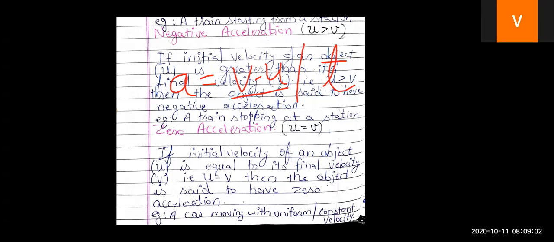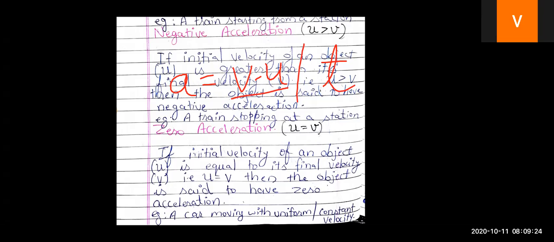You can have an example. Suppose a car is moving with a constant velocity of 30 kilometers per hour. The car is moving constantly with a velocity of 30 kilometers per hour. So the initial velocity is also 30, the final velocity is also 30, so the acceleration of the car is 0.